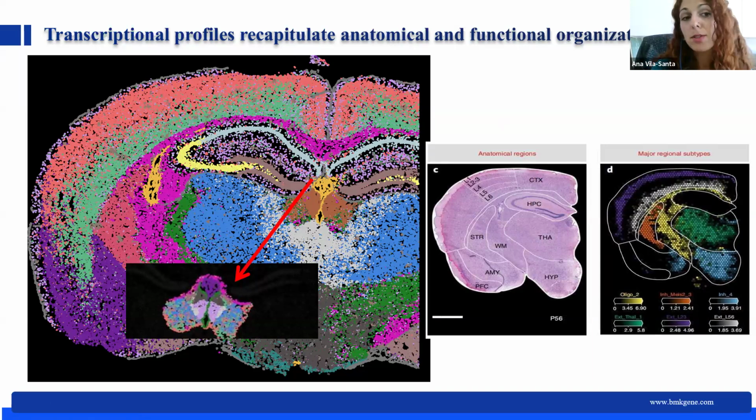So this is not only a validation of the spatial transcriptomics technology, but it also means that we can then use the data that we have here for each cellular cluster and try to find out more about what is happening in these cells. So what genes are being upregulated, what cellular process may be ongoing in these cells.